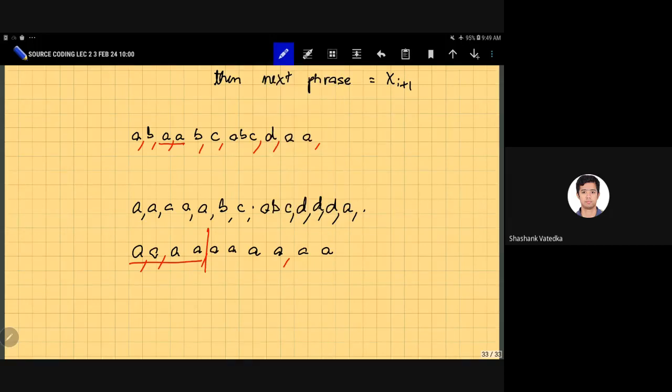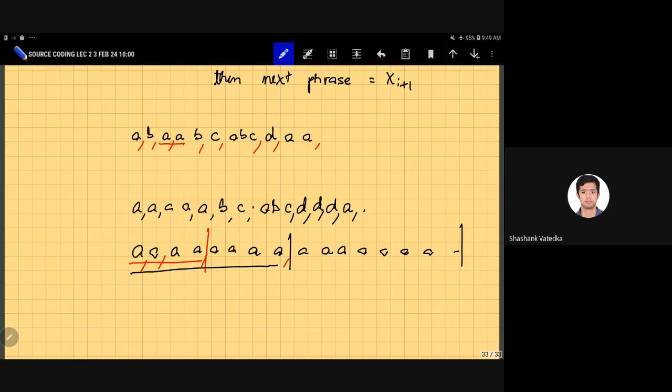Now if this continues, A, then what would be the next phrase? How many A's would it be? It would be 8 A's, right? Because that is the length of the sequence so far. So 8 A's would be the next, and so on.